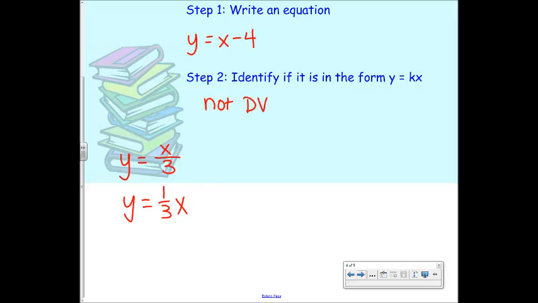Remember that every division problem can be written as a fraction, or every fraction can be written as a multiplication. So if I said y equals 2x over 5, what fraction could I write that as? 2/5 times x. All right, what if I said y equals x over 9? What fraction would that be?